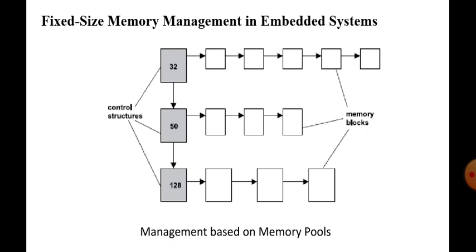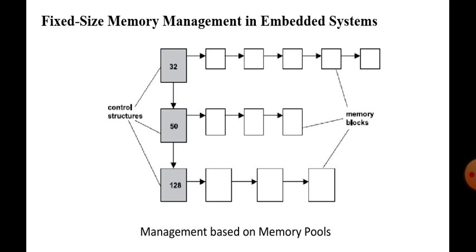In this slide we discuss another approach to memory management, which uses the method of fixed-size memory pools. This approach is commonly found in embedded networking code such as embedded protocol stack implementations. As clearly shown in this figure, the available memory space is divided into variously sized memory pools.